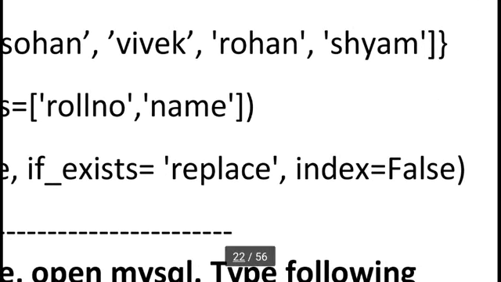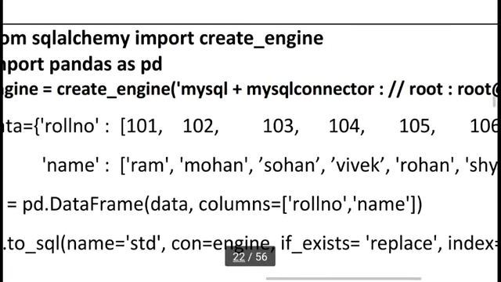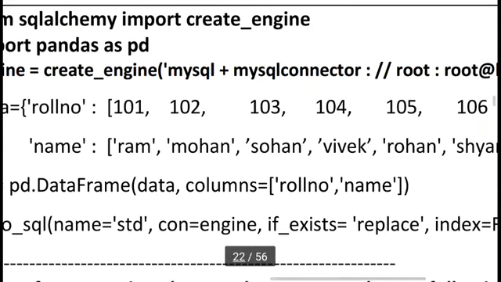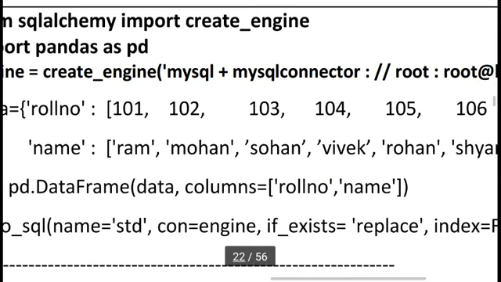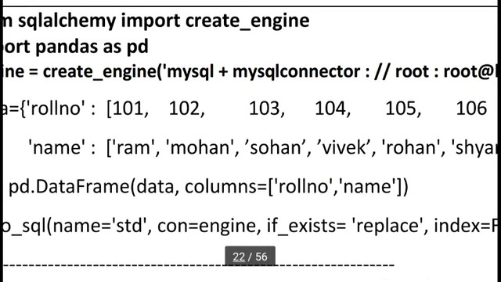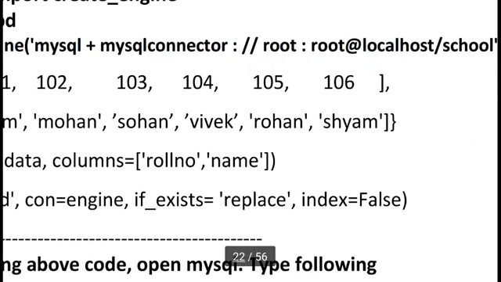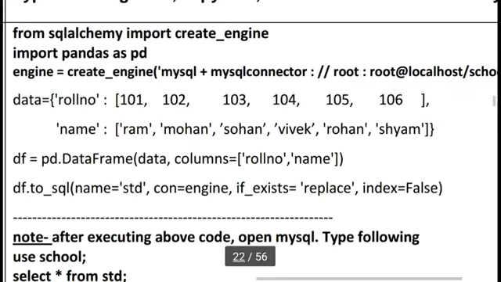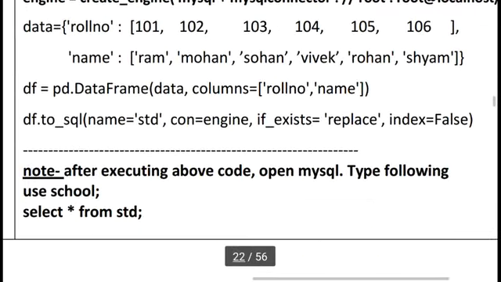Index equals False means, as we already know, in a data frame the index 0, 1, 2, 3, 4 is available, but in a MySQL table we need not use index 0, 1, 2, 3, so we set index equals False. So you can see this data frame's all 6 records we can export to the std table.